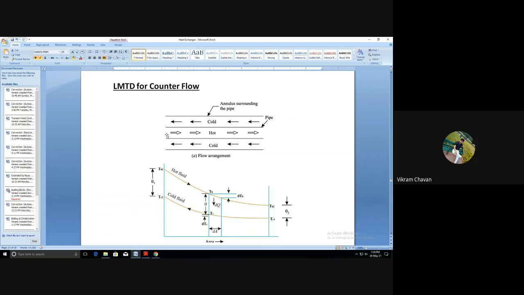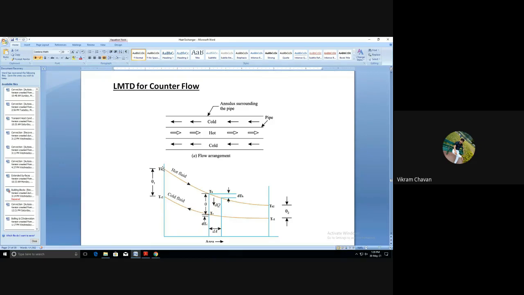The opposite side of each is the outlet for that fluid. So what will be the temperature profile diagram for this heat exchanger over the surface area? We have to plot the graph of area versus temperature. Let us consider the hot fluid inlet from this side, and the inlet temperature of the hot fluid we consider as TH1.